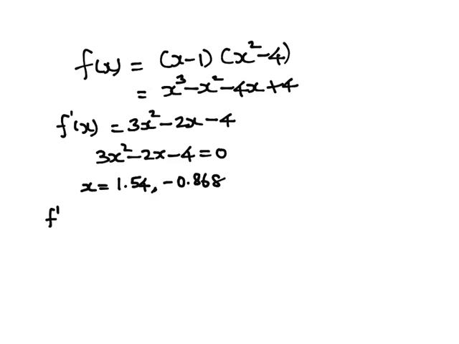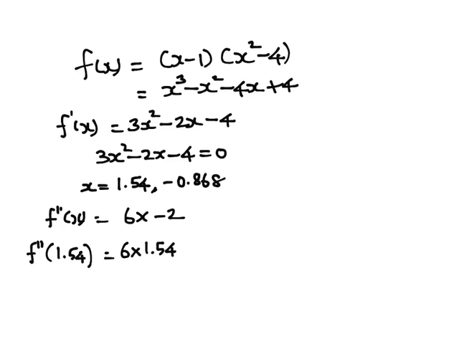Let me find the second derivative. f''(x) equals 6x minus 2. I have to substitute each of the stationary points in the second derivative. f''(1.54) is 6 into 1.54 minus 2, and you can easily see that this will be a positive value. So x equals 1.54 gives us a local minimum.